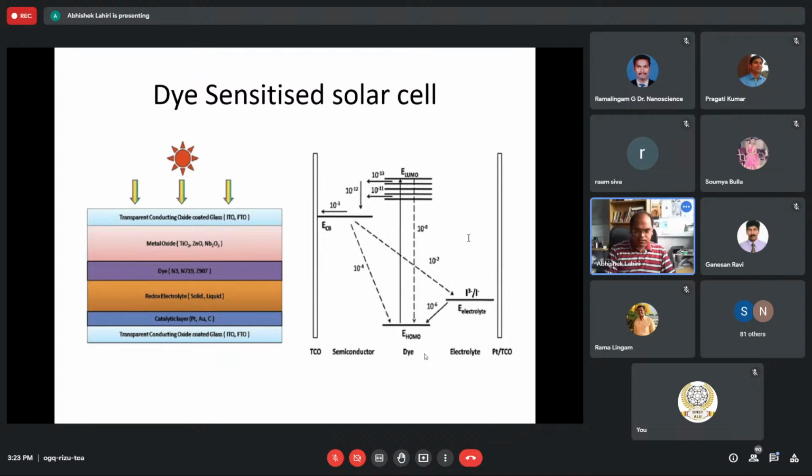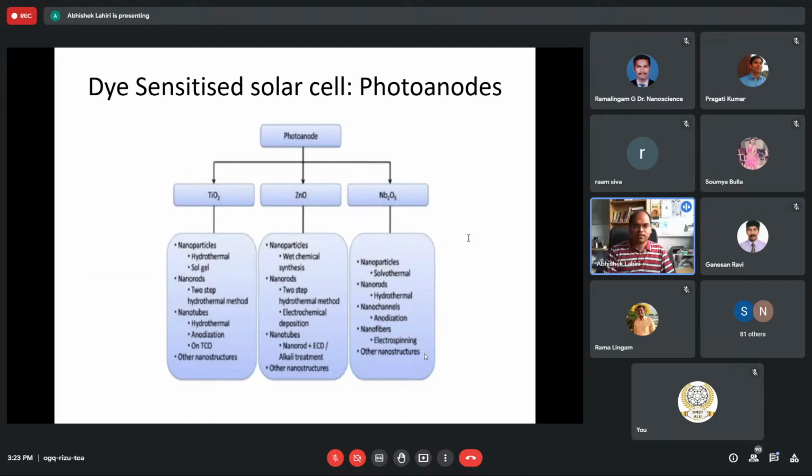So with that, as we have seen what the dye-sensitized solar cell can do, let us look at some examples of the photoanode. Because we have gone through all the material synthesis, let's look at how these different material syntheses have affected the performance of the solar cell, or dye-sensitized solar cell.